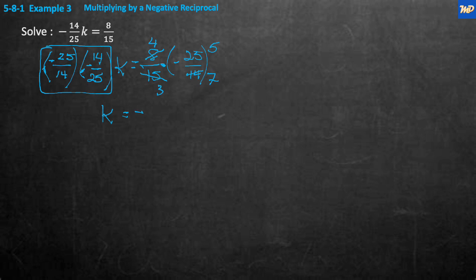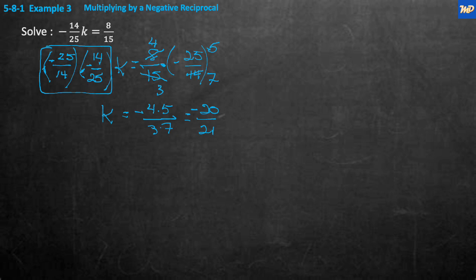So now I can say 4 times 5, and it's over 3 times 7. The negative sign is still here, I didn't lose it. And that equals negative 20 over 21.